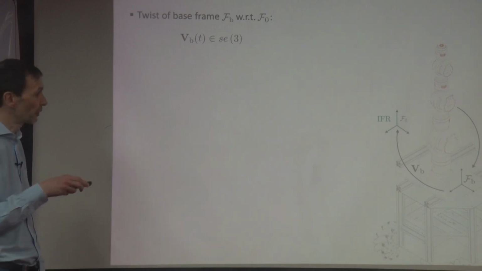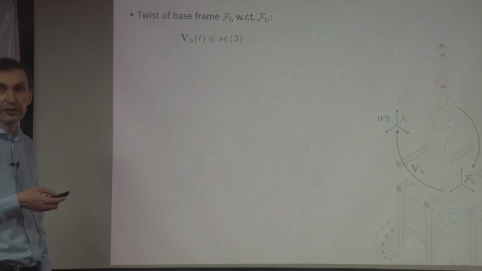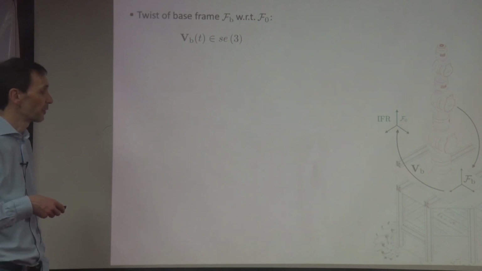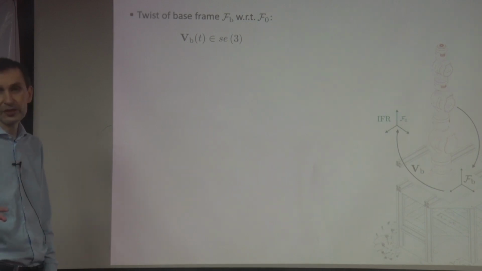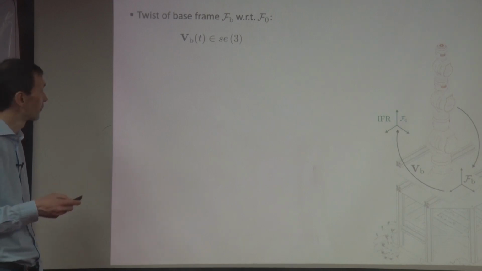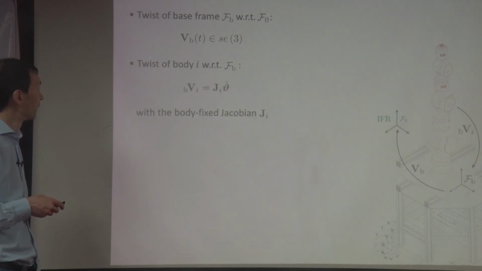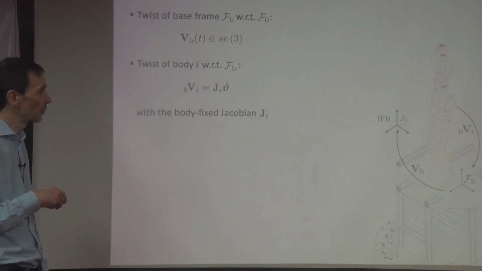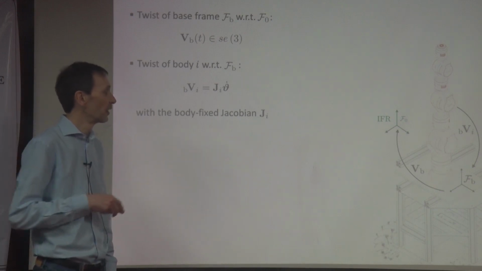So the base has a twist, and let's just call it VB. Without mentioning it, we always use the body-fixed representation, but in the end it wouldn't make a difference. Then we have the twist relative to the base body, because the twist of body I, for example, has first to be expressed in the base frame.